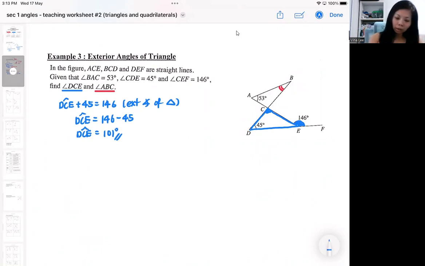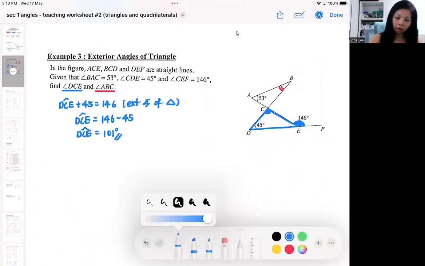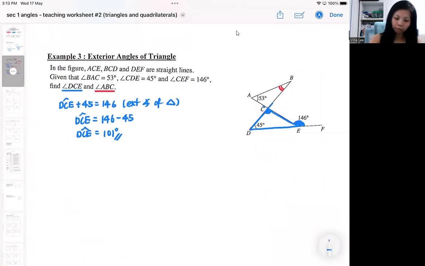Okay, then the next one, do you detect that there is a vertically opposite angle? So you need to explain. ACB is also 101 because it's a vertically opposite angle.